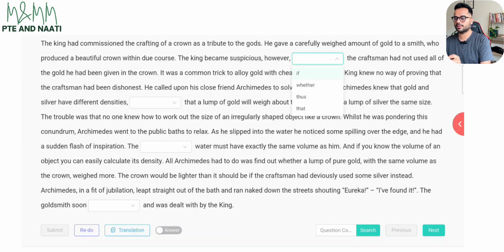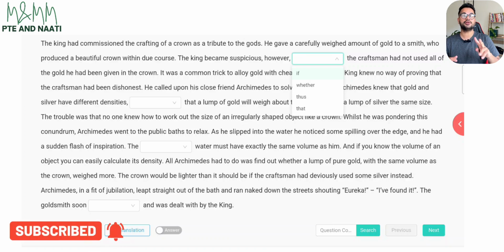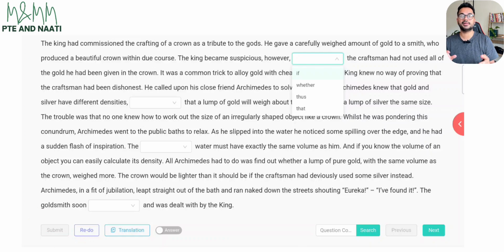If you look at the options, we have got if, whether, thus, or that. If you say the king became suspicious if the craftsman had not used all of the gold, if means there should be 2 options. Has the craftsman used all of the gold or not? But they haven't said anything about yes or no. They only said no. So if can't be the answer. Whether could be the right answer.